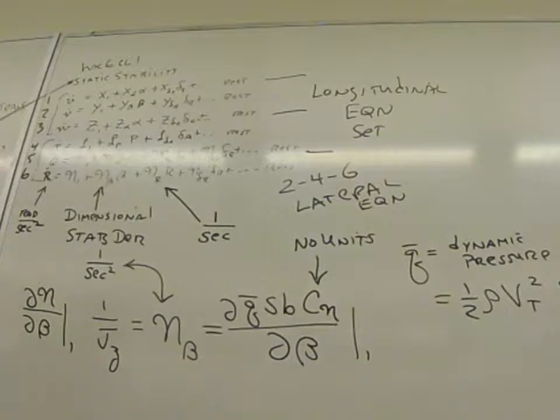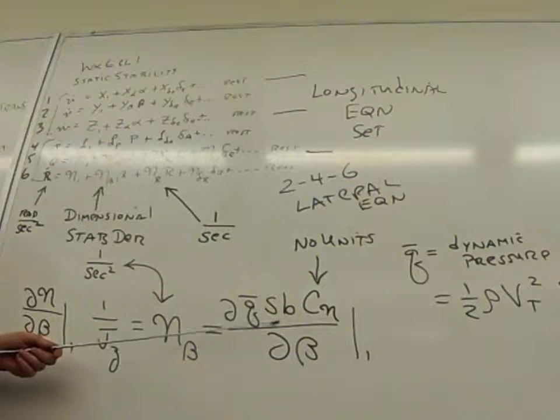So once we break these up into these forces, and we know that these are dimensional derivatives, we have to be able to get these dimensional derivatives given the stability coefficients. And the stability coefficients are non-dimensionalized using Q bar, S is the wing area, or the wetted wing area, and B for lateral motion is the wingspan.